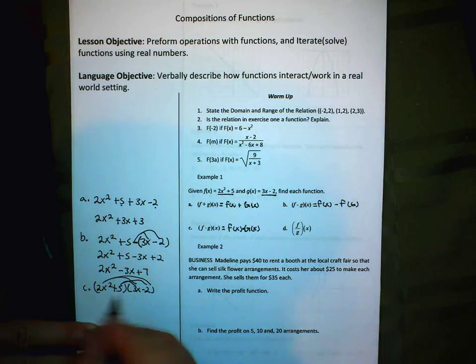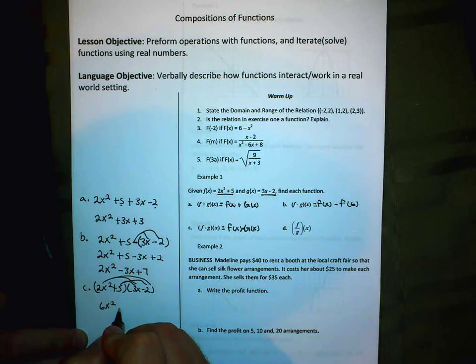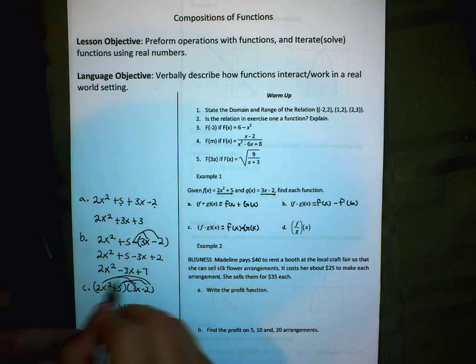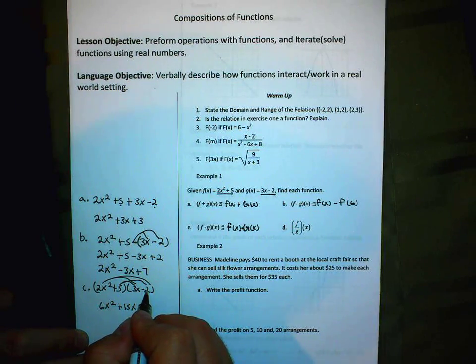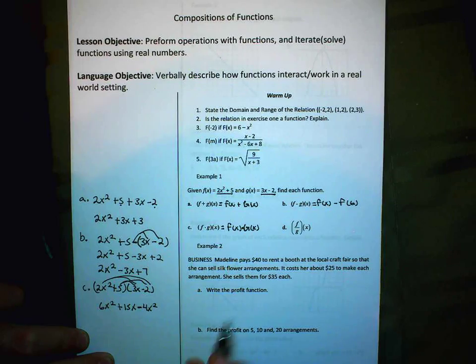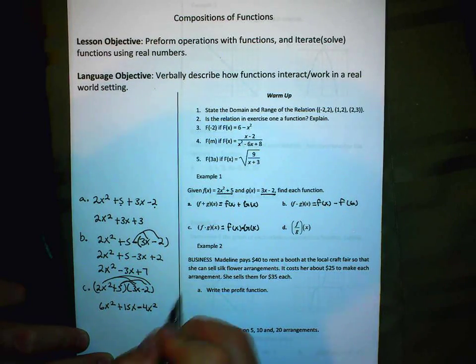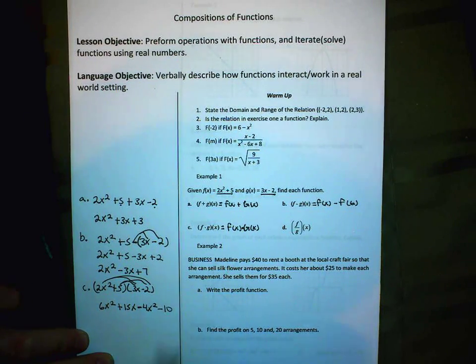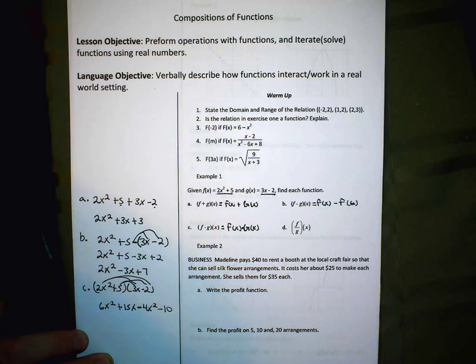2x squared times 3x is 6x cubed. 5 times 3x is plus 15x. 2x squared times negative 2 is negative 4x squared. And then finally 5 times negative 2 is negative 10. Now I need to combine any like terms that I have.